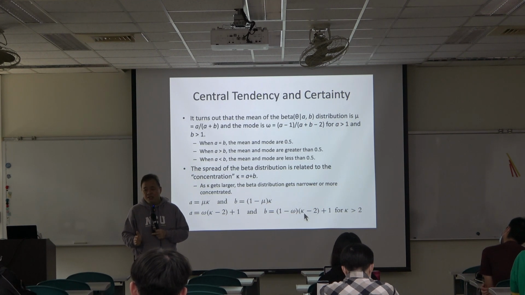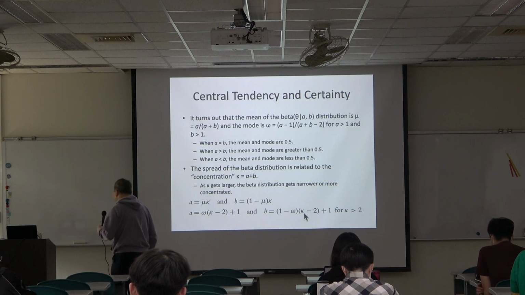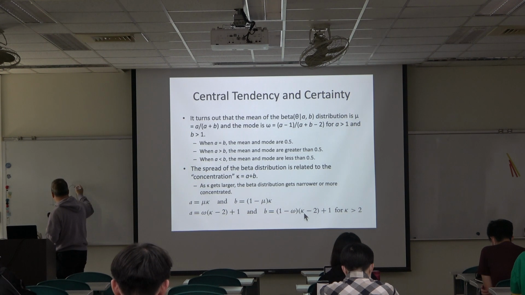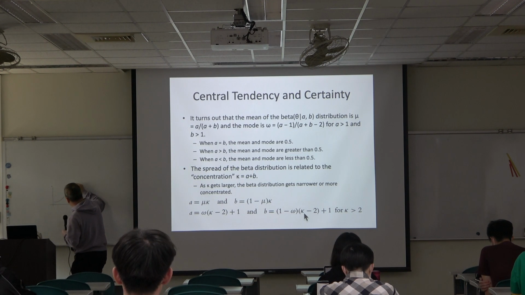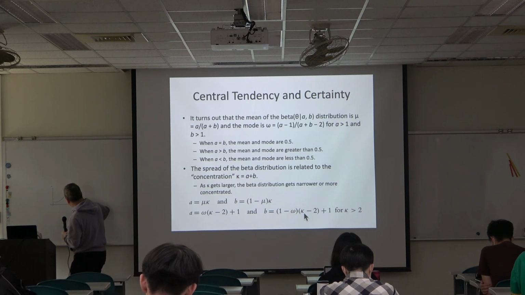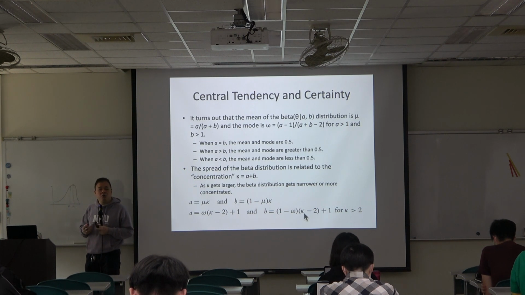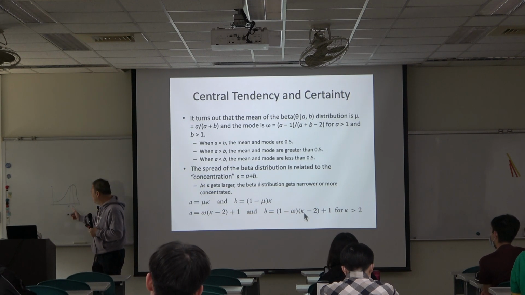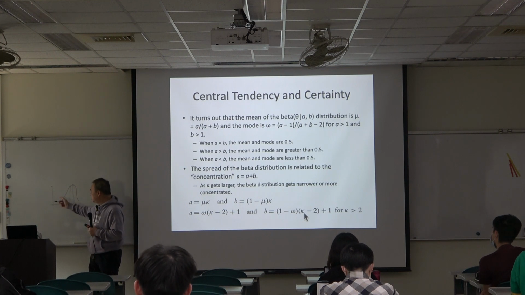For example, if I have a distribution like this, the highest point is here, but the average of this distribution should be somewhere here. This may be your mu, and this will be your omega. So omega is more intuitive. In a sense, it represents the place that gives you the highest point in your distribution.